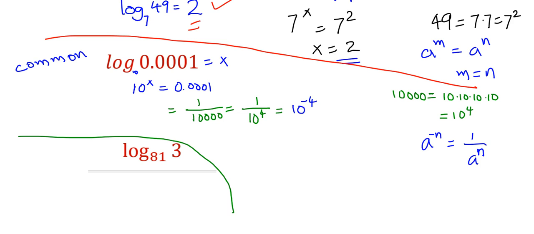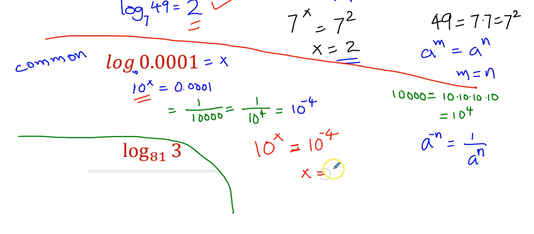So we started off from where? 0.0001 is changed into 10 to the power of negative 4. On the left hand side I have 10 to the power of x, and the right hand side, after all this simplification, is 10 to the power of negative 4. Now in this equation, the base on the left hand side is 10 and the base on the right hand side is also 10. So the exponents have to be equal.